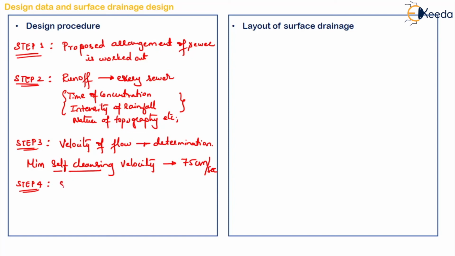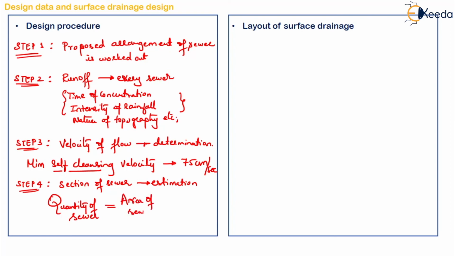Then finally step 4 is that you have to estimate the section of sewer. So how do you estimate? The quantity of flow in the sewer is generally given by area of sewer multiplied by the velocity of flow. That is how you will calculate, right?